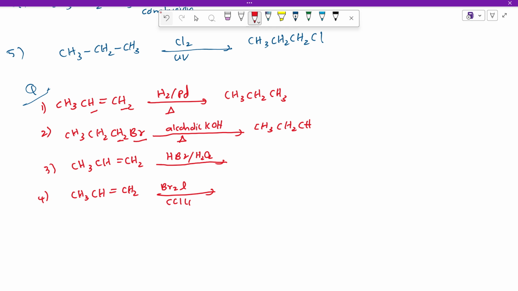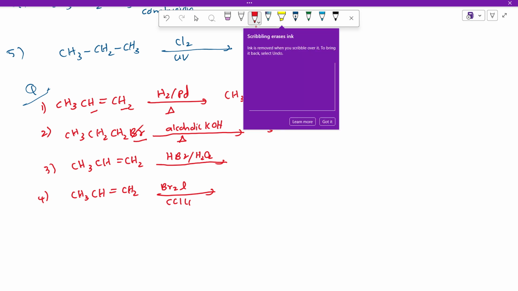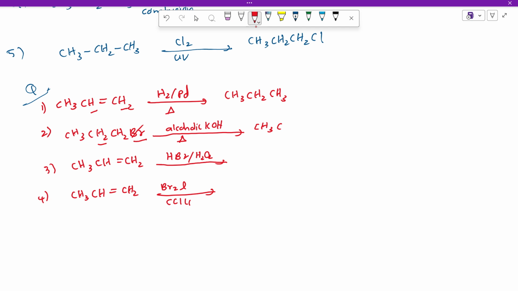I wrote an extra CH2, that is the problem. So once you remove this Br over here and then a hydrogen not from here but from here can create a double bond. CH3CH double bond CH2, right?